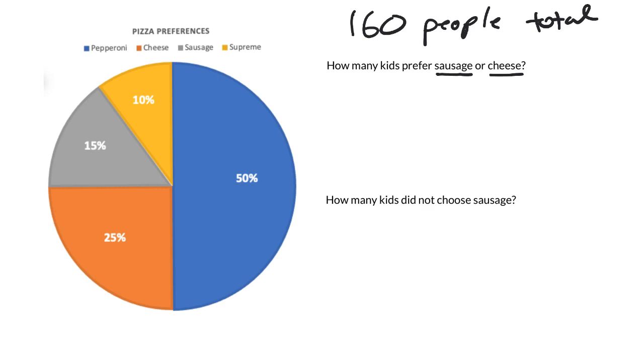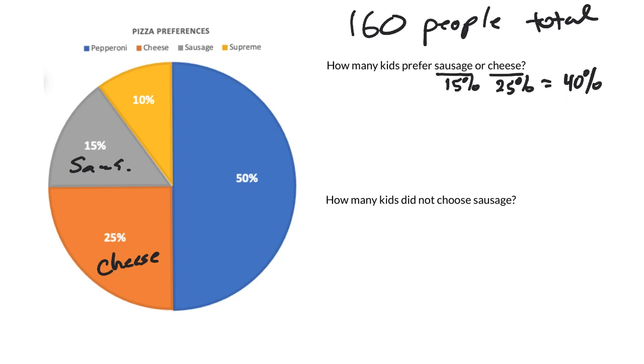Well, since sausage is 15% and cheese is 25%, I can add those two numbers together. 15% like sausage, 25% like cheese. That means that 40% of kids either like sausage or cheese.